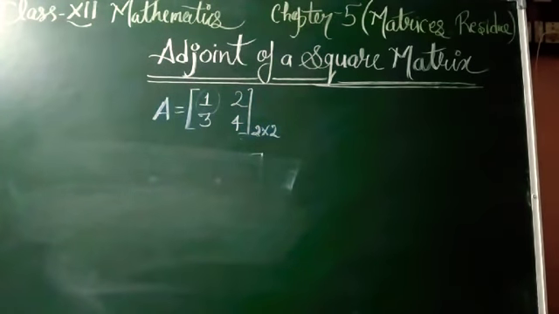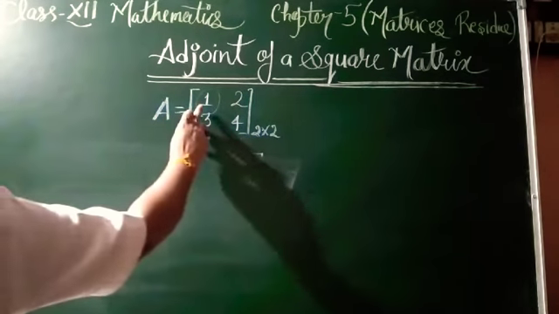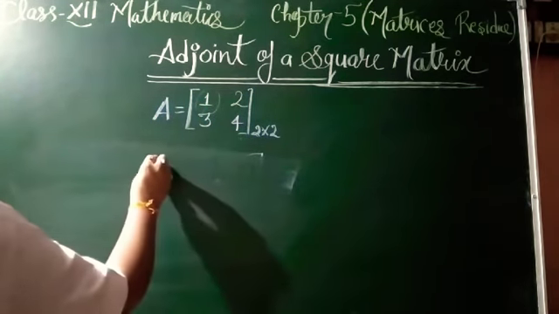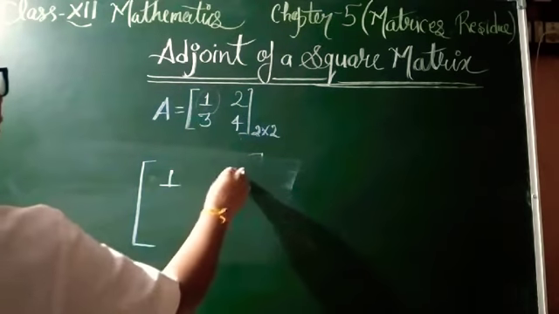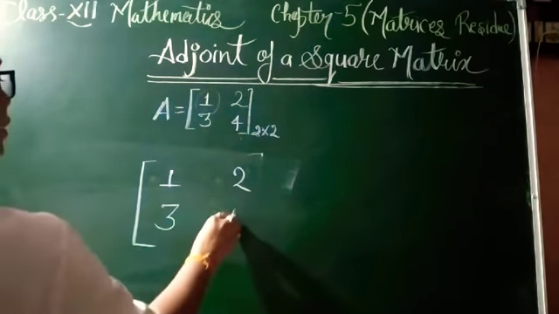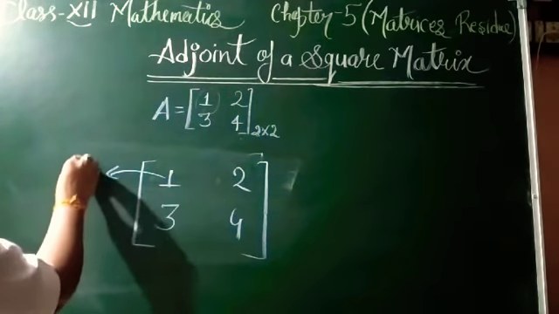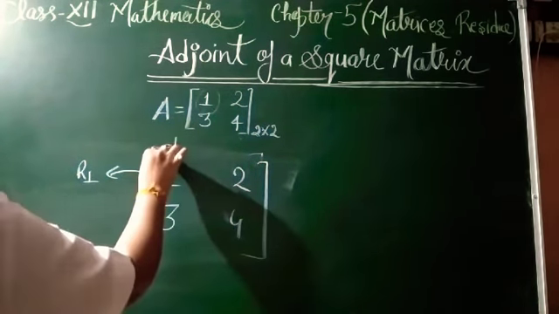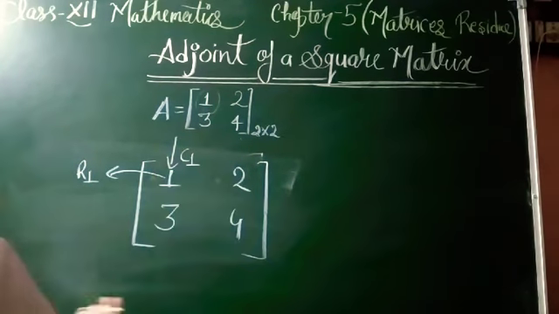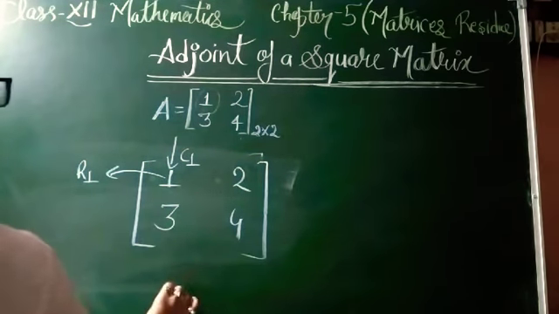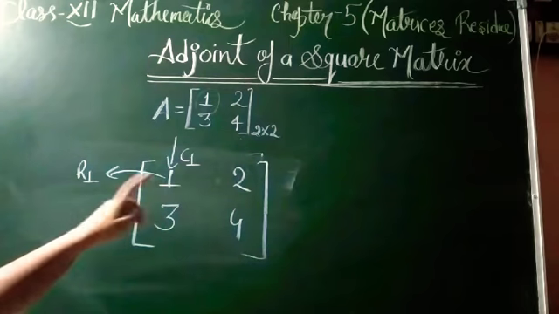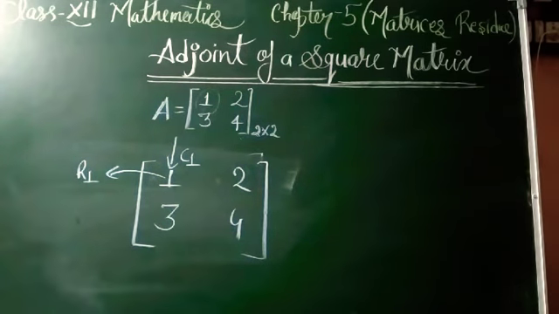You see here the first element will be 1. It is in the first row and first column. That is why we write here 1 1, A11.